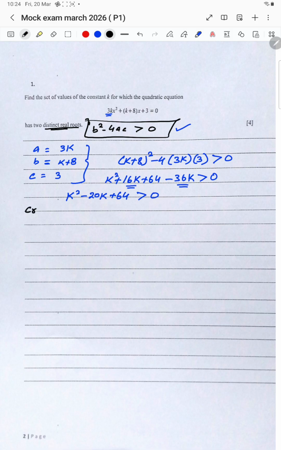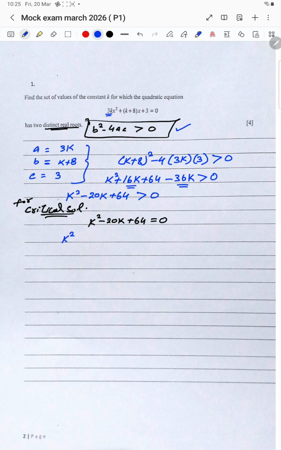For critical solution, we can suppose this whole inequality equal to equality, that is 0. By applying the quadratic formula or the middle term break rule, or anything which you can perform easily. Here I'm going to apply the middle term break rule: 4 times 16 is 64.